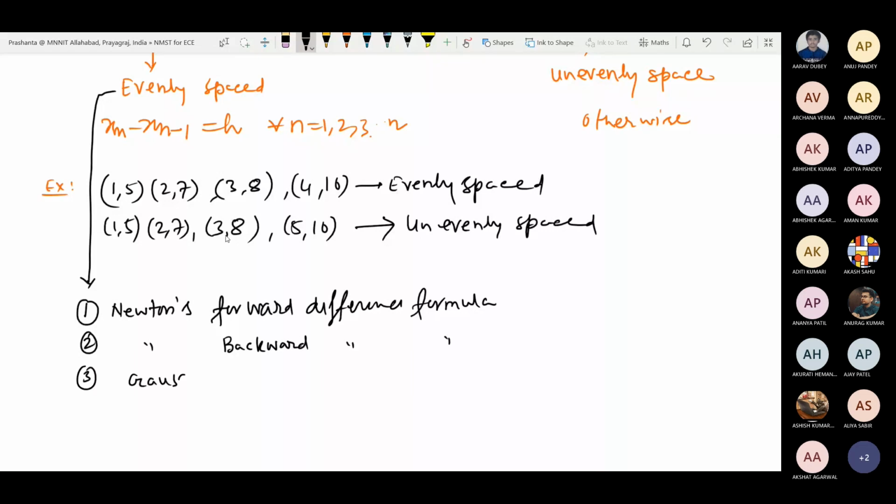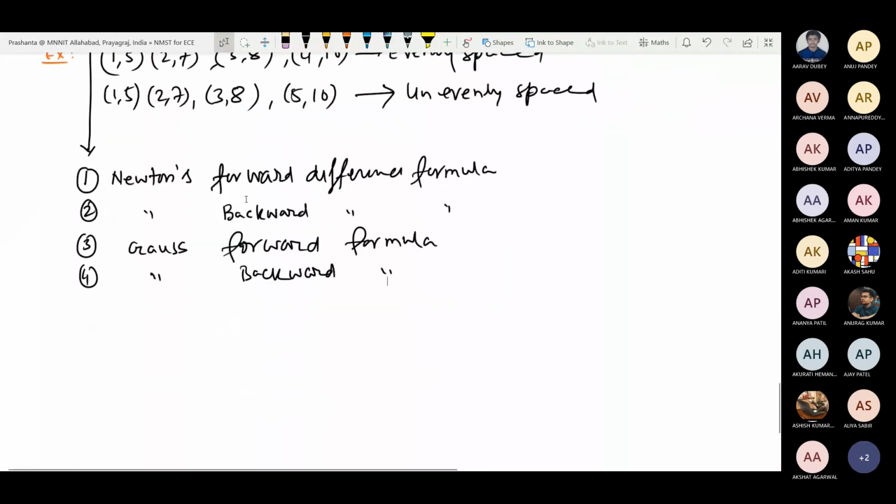Gauss forward formula. Gauss backward formula. A few other names are there.